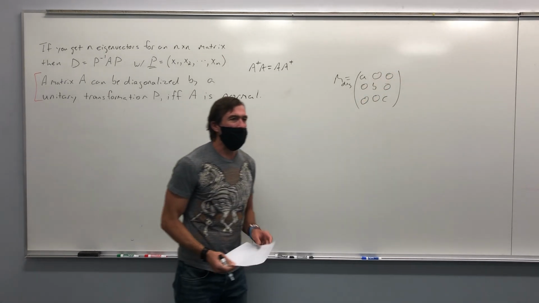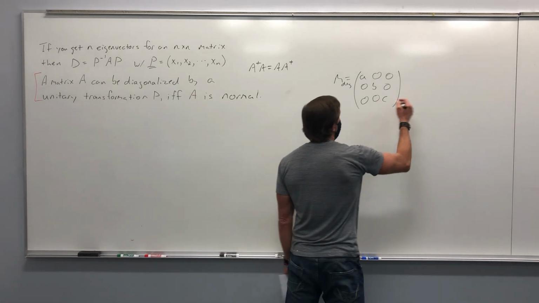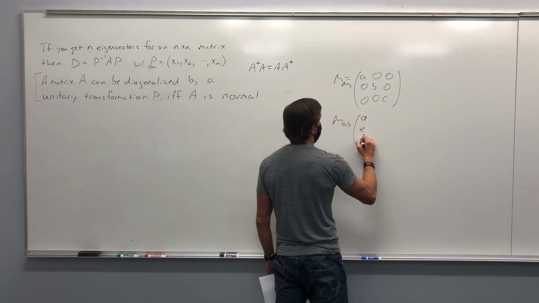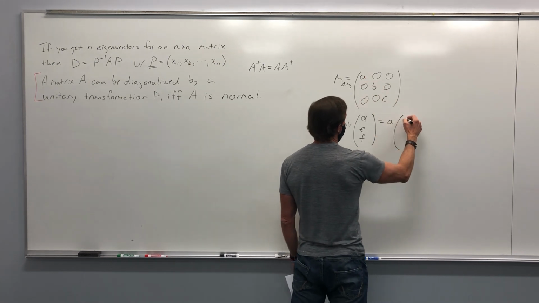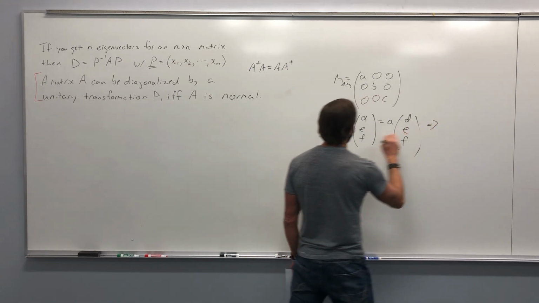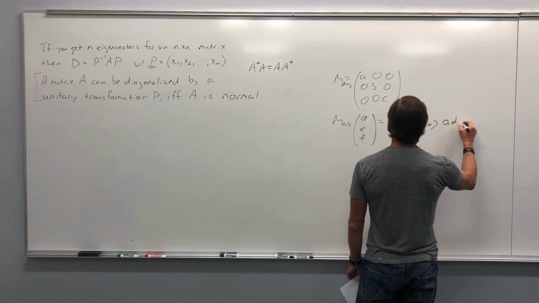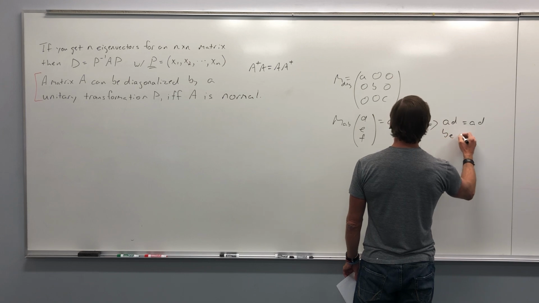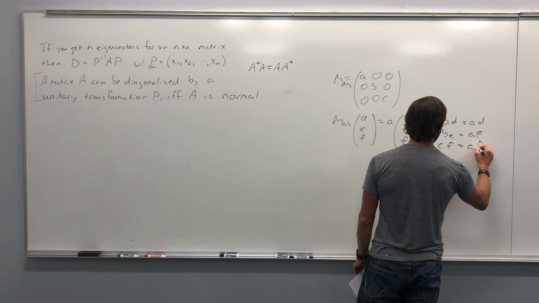But just remember, if you get a matrix and it's diagonal, the eigenvectors are easy to find, right? You're going to have the matrix times some vector equal to the eigenvalue times that vector. What does this work out to be? It works out to be AD equals AD, BE equals AE, CF equals AF.